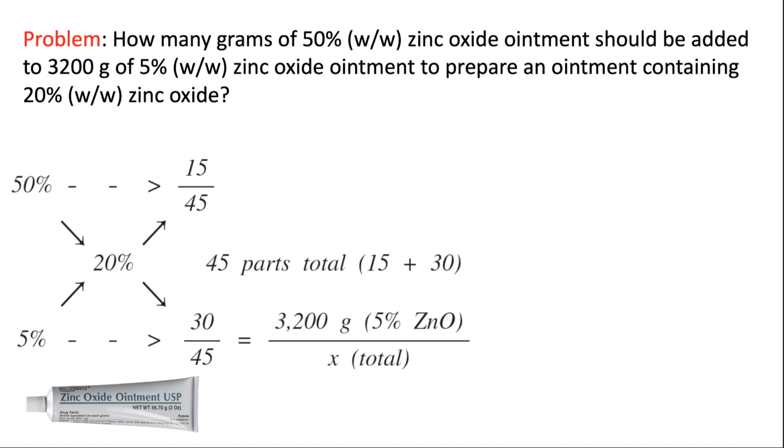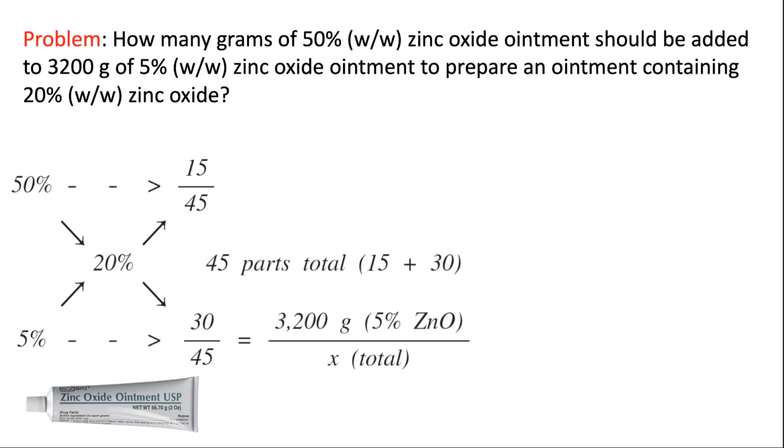So I can set up this proportion of 30 parts of the 5% over 45 parts of the total mixture, equal to the amount of the 5% zinc oxide I'm using, which is 3,200 grams, over X. Now when I solve for X, it will represent the weight in grams of the total mixture, the final mixture, the combined amount that will have a concentration of 20%.